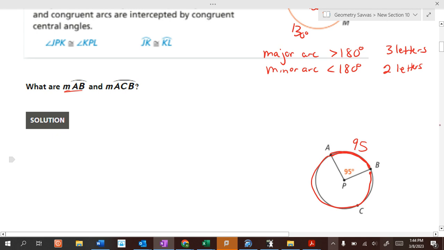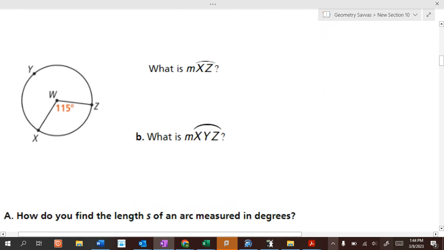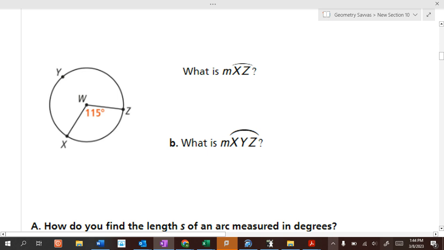If 95 are used right here, what's left for here? 265. So this is 265 and this is 95. Okay? How big is XZ in this case? 115. How big is XYZ? 245. Okay.